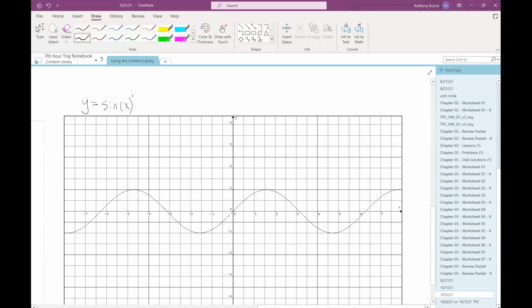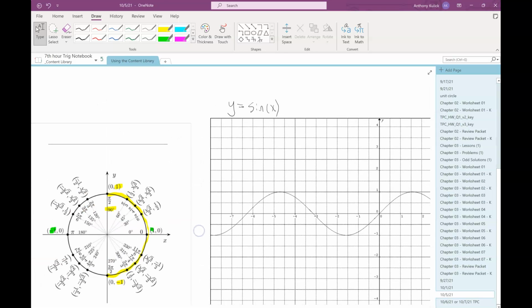This looks kind of weird. And you might ask, Mr. Kulik, how'd you go about generating a graph like this? And I would just say, I'm just going to use the unit circle. Remember, the unit circle is giving us the inputs and outputs for sine, and also the inputs and outputs for cosine.